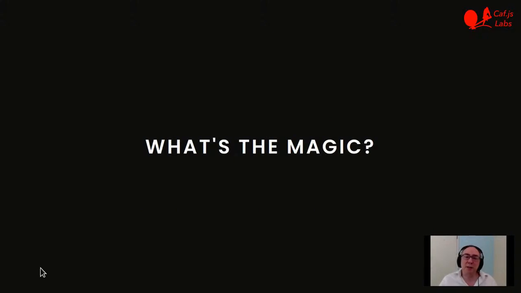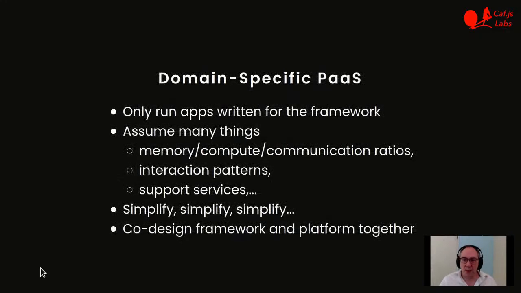So what is the magic? How do we get these 2 orders of magnitude of cost difference? We have created a domain-specific PaaS, a platform where the only thing it can run is our cloud assistants. But then it can assume many things.